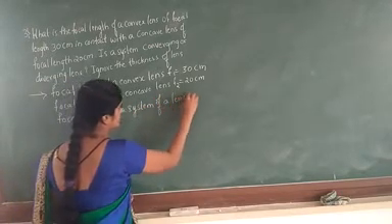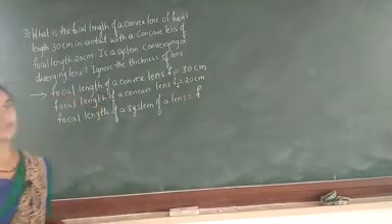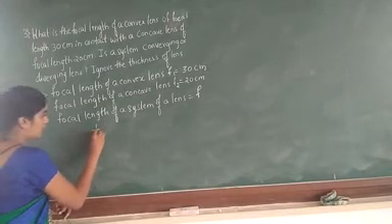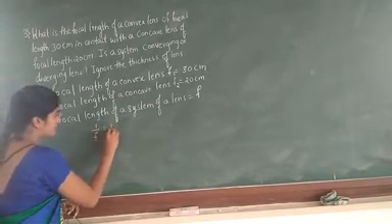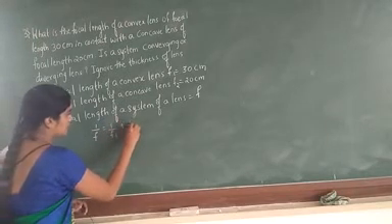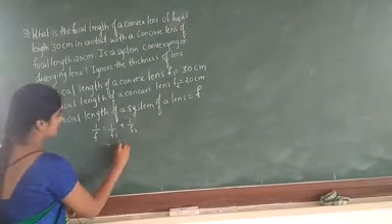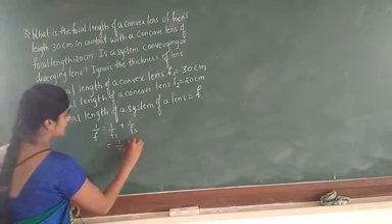Now the formula we are considering is 1 by F is equal to 1 by F1 plus 1 by F2. Put the values of F1 and F2: 1 by 30 plus 1 by 20.